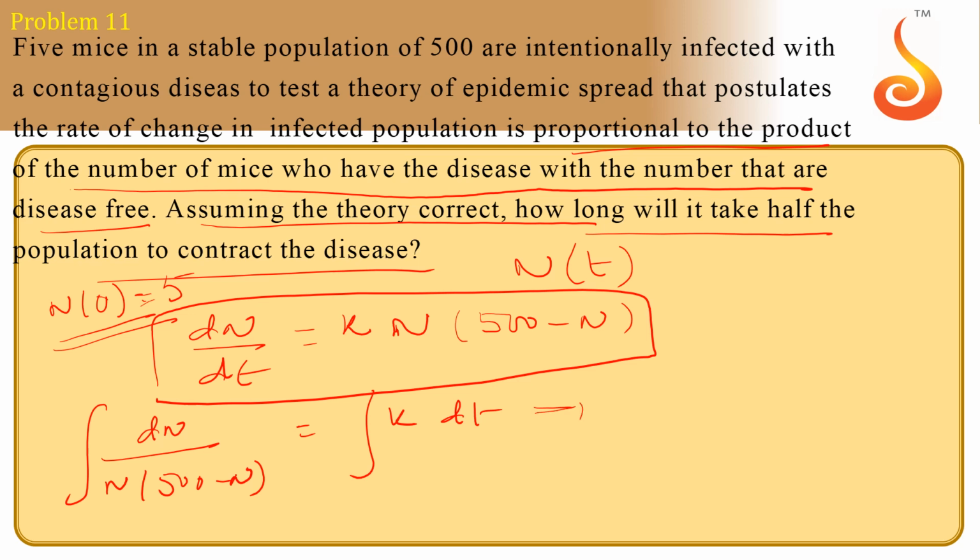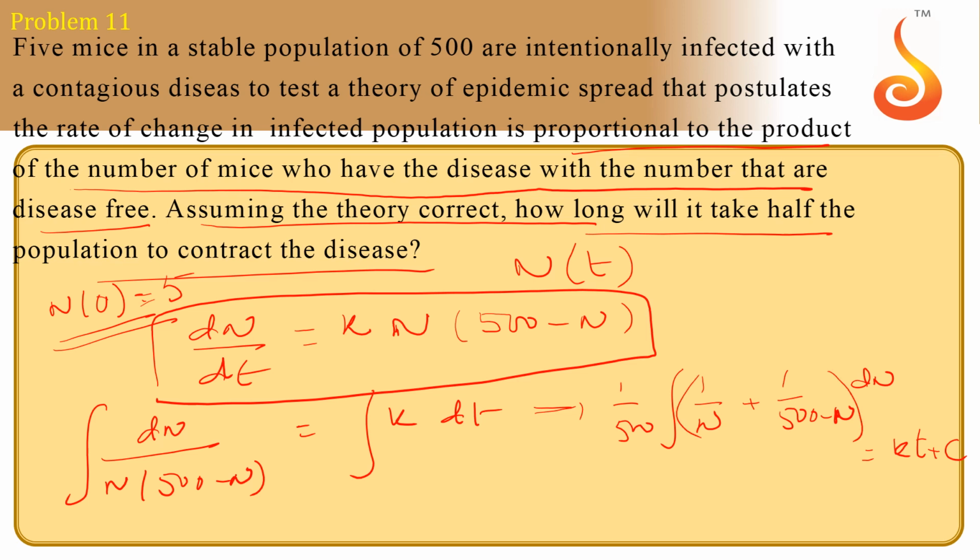What you will get here by doing partial fractions is 1 by 500 into the integration of 1 by n plus 1 by 500 minus n dn, equal to kt plus some integration constant.